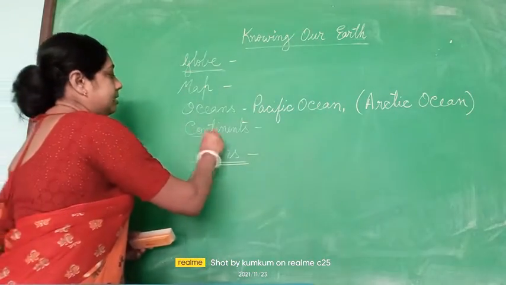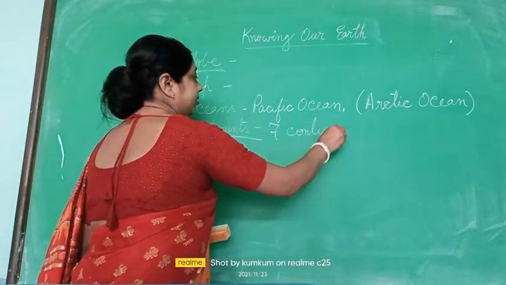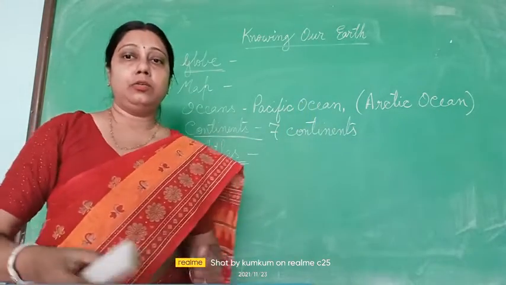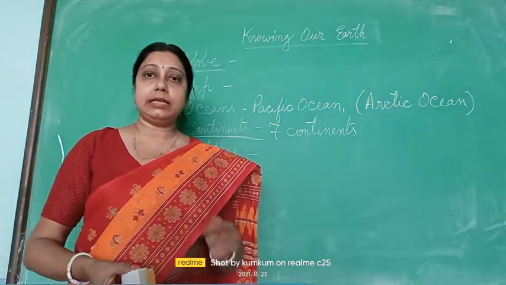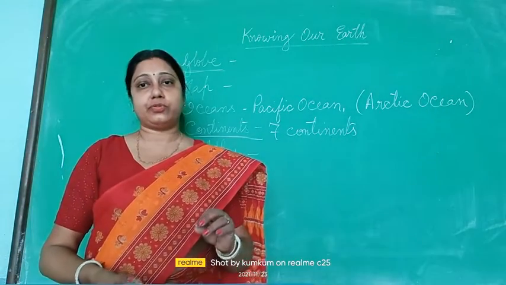Now continents, there are 7 continents. Among them, Asia is the largest one, and we live in Asia. The smallest one is Australia.